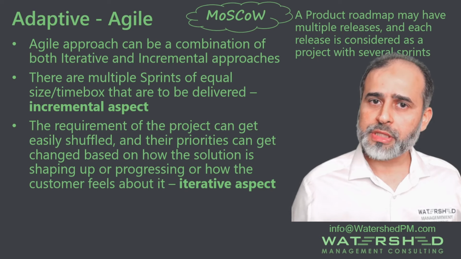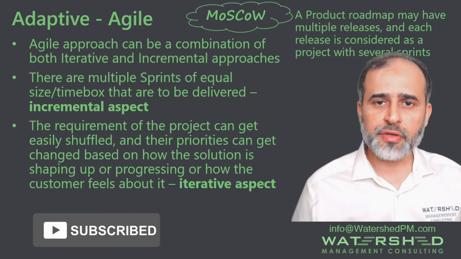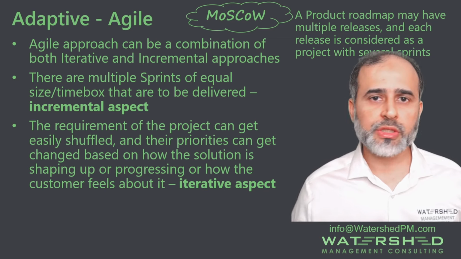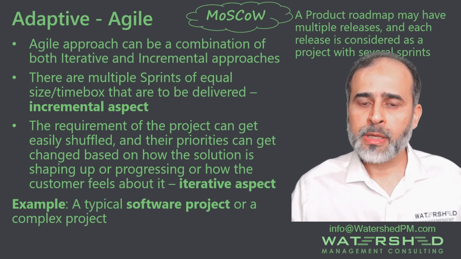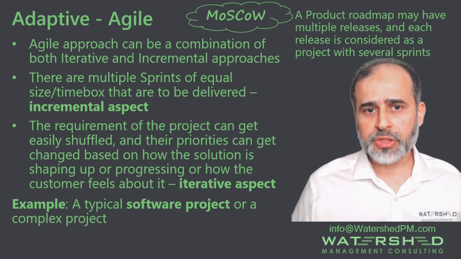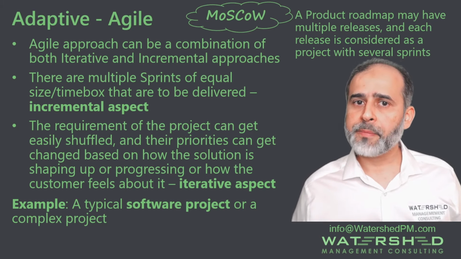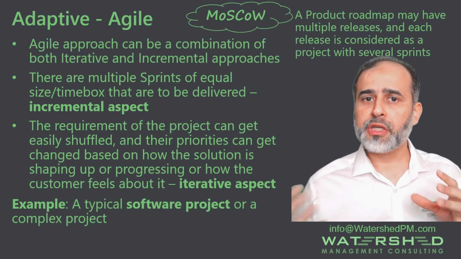Now you get to understand how easy it is to shuffle the features, add or remove any feature to a sprint or even to a release. This aspect of being able to change the scope is the iterative aspect of the project. And when it comes to the PMP exam, consider that all software projects will apply agile project management methodology. In summary, agile project management methodology combines the iterative and the incremental approach.